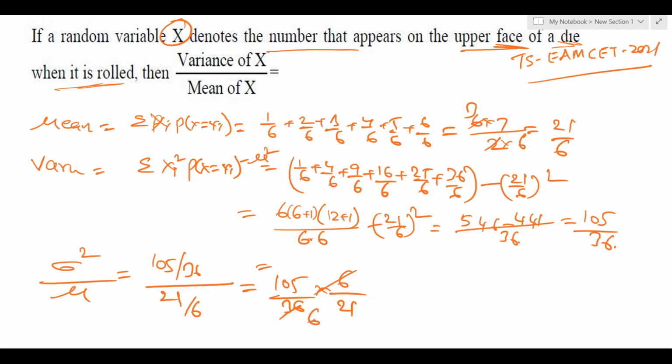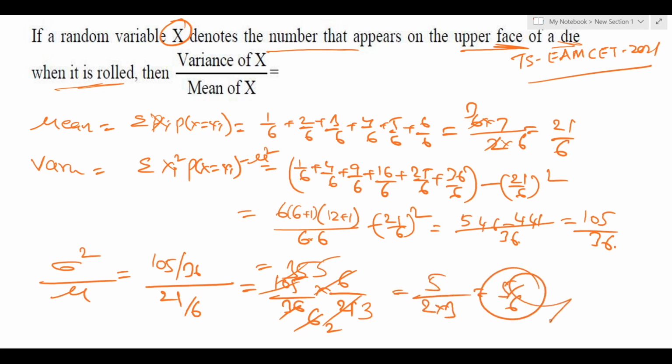Here 6 times cancel, and 3 7s are 21, and 5 7s are 35. That is equal to 5 by 2 into 3, that is equal to 5 by 6. This is the ratio of variance of x and mean of x.